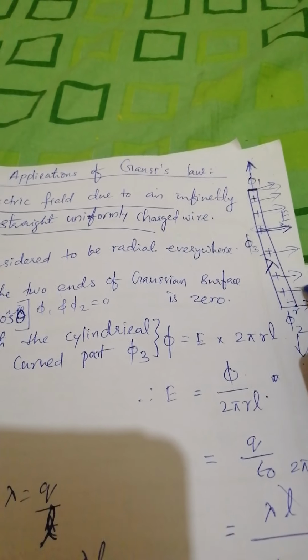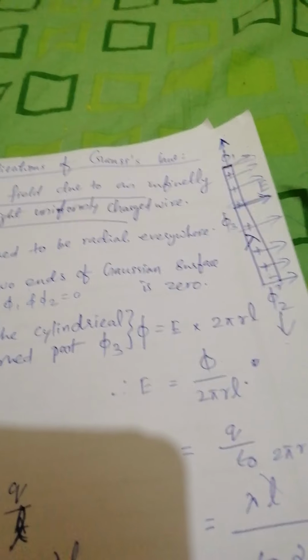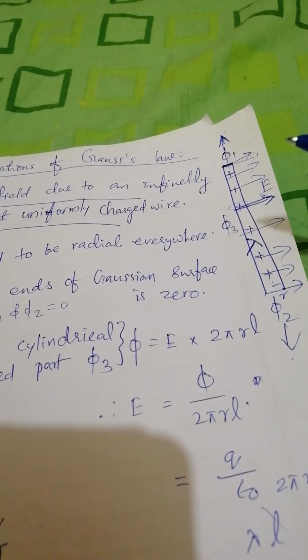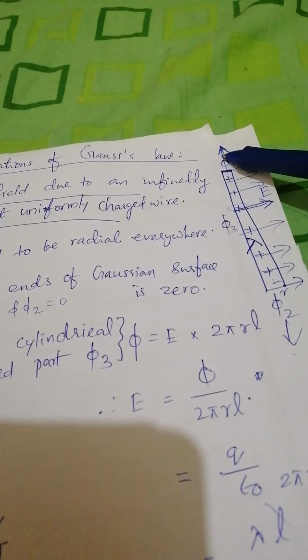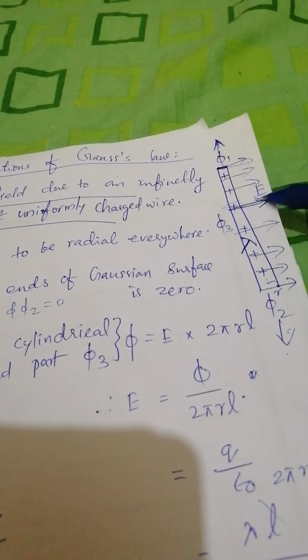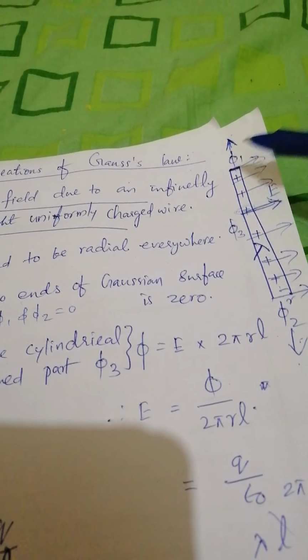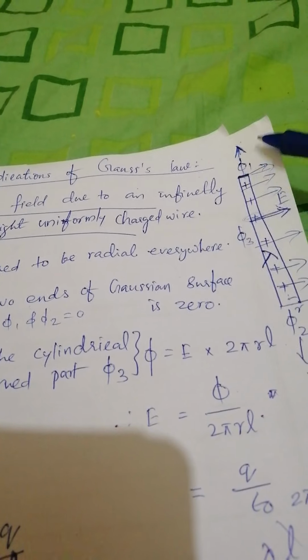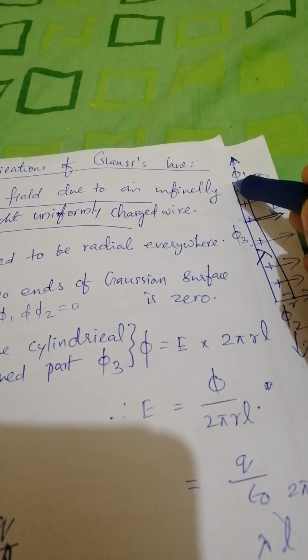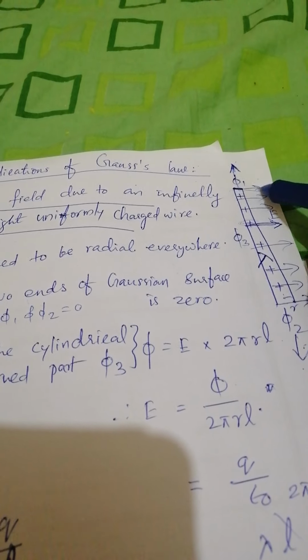So for electric flux, there are three electric fluxes we can consider here: phi 1 here, phi 2 here, and phi 3 here. On both sides the electric flux is 0, because we consider the electric field radial here.